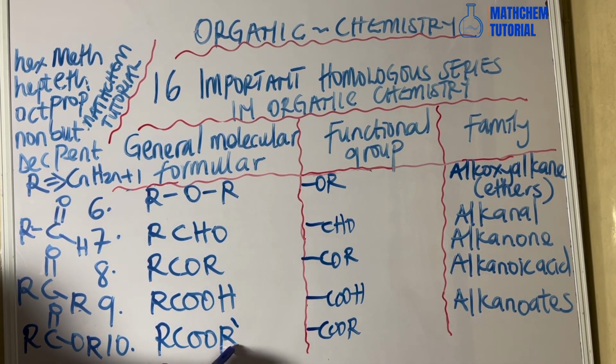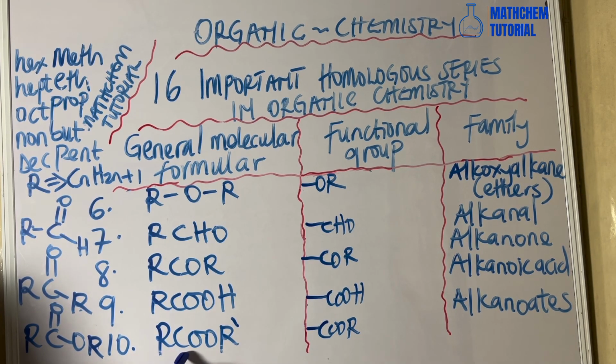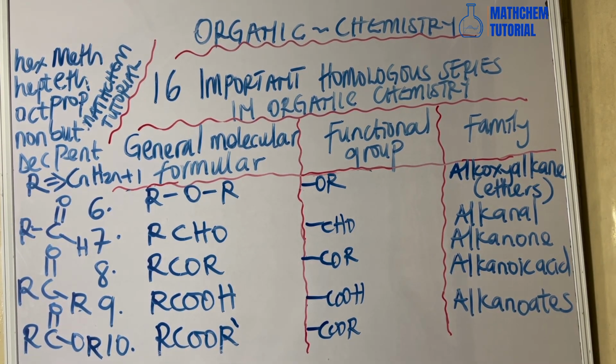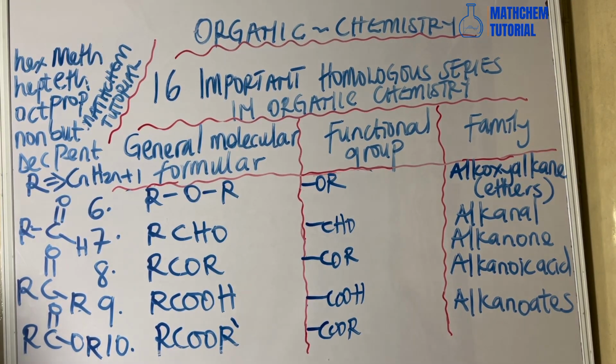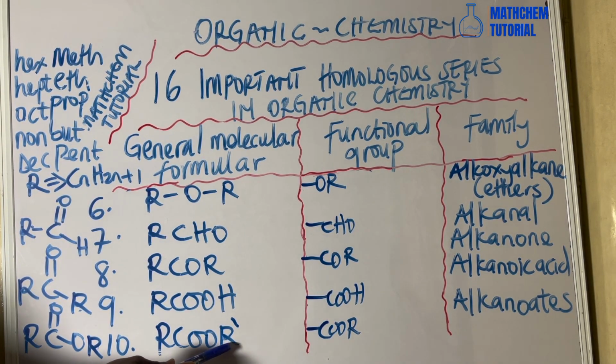So we now say methyl ethanoate. You will firstly name this alkyl we have here first, before you call the one from this place. So you will now end it with the suffix oate. So that's going to be methyl ethanoate. So that is an ester.